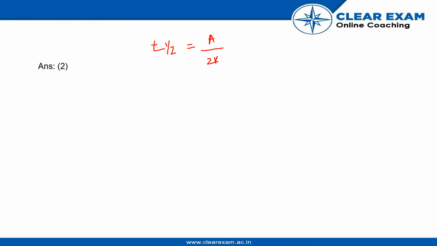The initial concentration of the reactant is doubled, so A dash is equal to 2A.